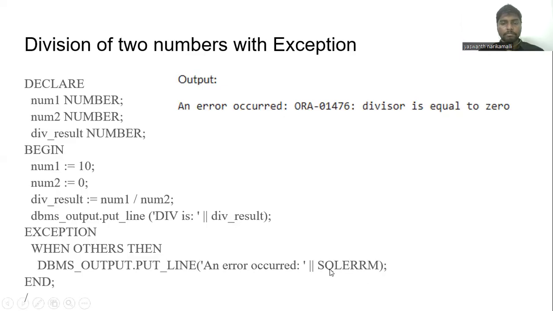It is a function. This function will find the description related to this code, ORA 01476. See, the output is: an error occurred, colon, some error code, and the code description. The description is visible only when we give this SQLERRM.